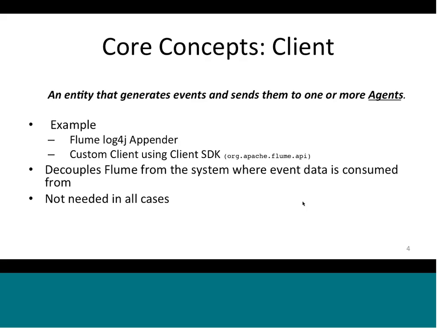Clients are not needed in all cases. A Flume client is a piece of code which gets embedded on the machine or on the infrastructure where your information is being produced. So that's the concept of a client. So we have covered two concepts: what is an event, what is a client?